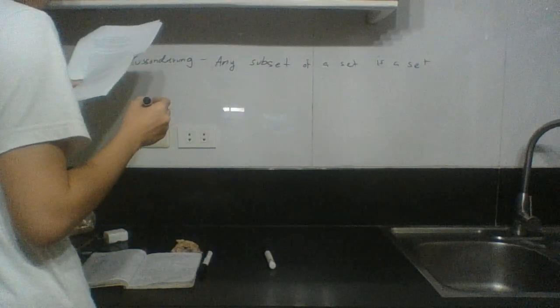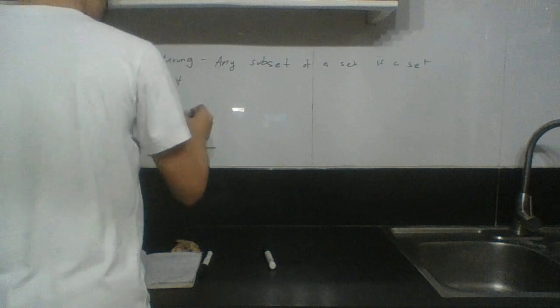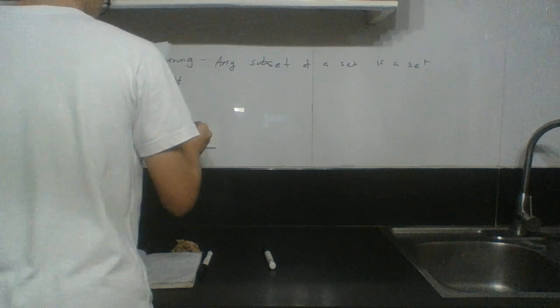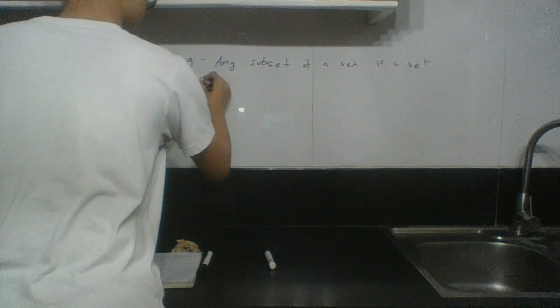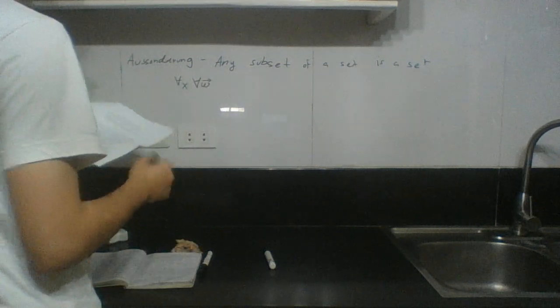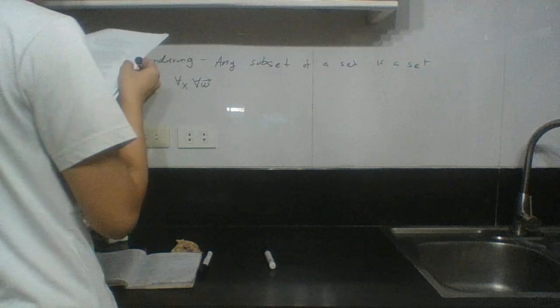The formal way of defining this is that for all big X and for all W, I don't know why they use vector notation, but I suppose that's just notation.